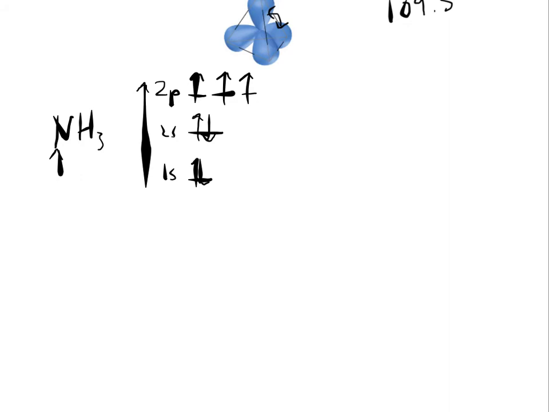But we know ammonia, if we figure out the molecular geometry of ammonia, is that ammonia also has a tetrahedral shape. Ammonia is tetrahedral. Well, how does that work?